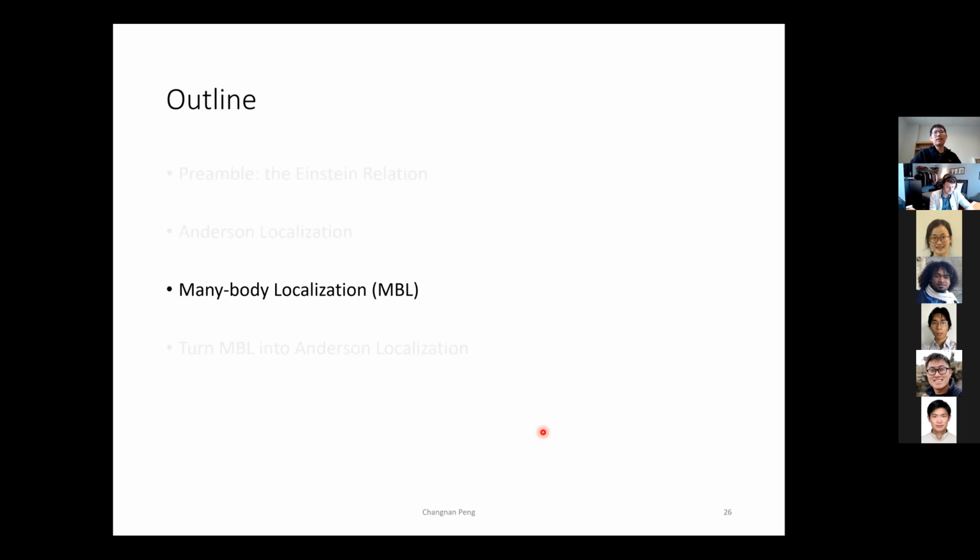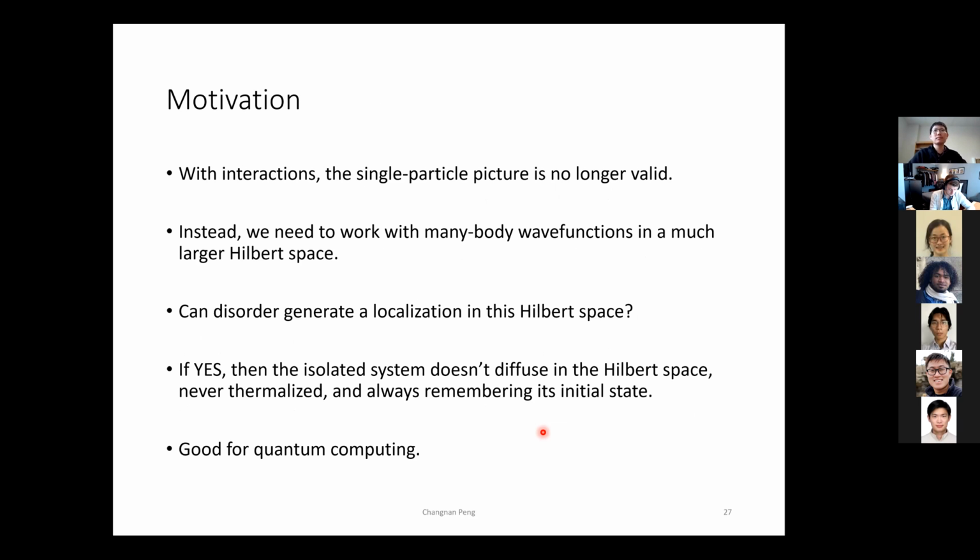So that is the question of many-body localization. The motivation is that with interactions, the single particle picture is no longer valid, and instead we have wave functions living in a much larger Hilbert space. And we ask the question, can disorder generate a localization in this Hilbert space?